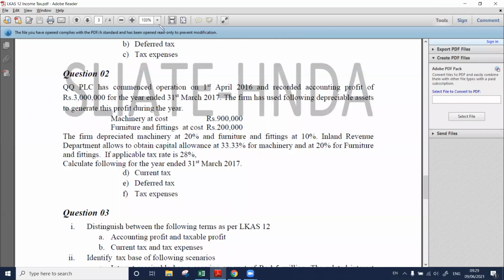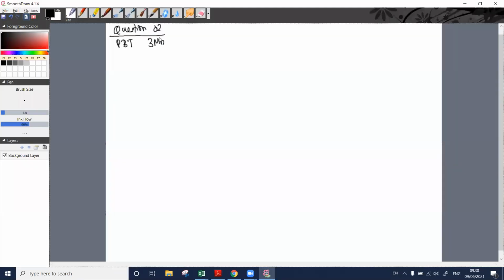Question number 2. Accounting profit is 3 million. Accounting profit කිව්වත් එකයි, profit before tax කිව්වත් එකයි. 3 million. And they have given details about machines and furniture and fittings.